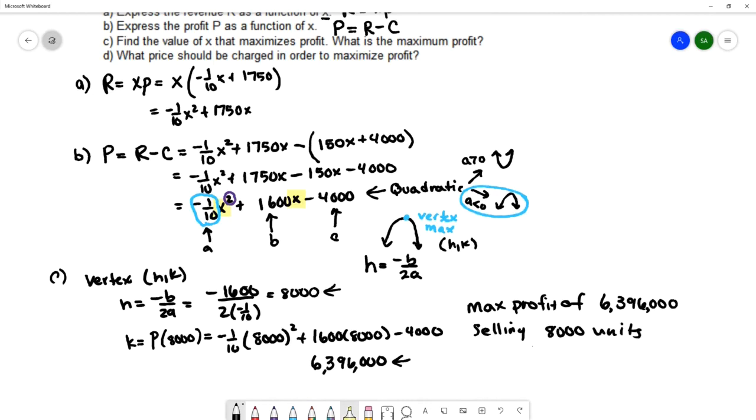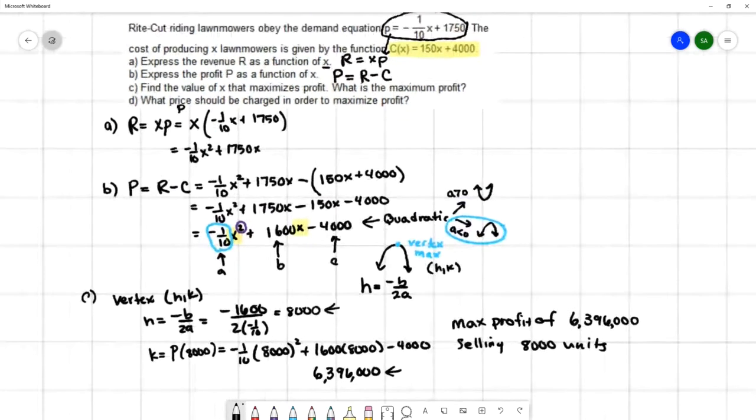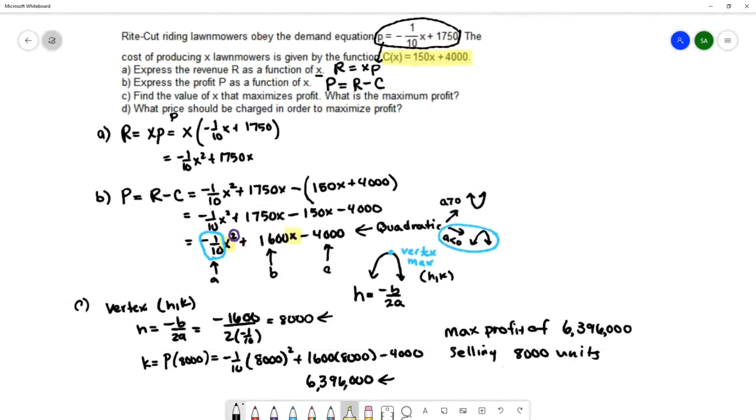So we have one more part to go. What price should be charged in order to maximize the profit? Remember that price is that lowercase p that we saw in the demand equation at the beginning. So let me zoom out again so you can see that. I'm going to highlight the demand equation, which represents the price.